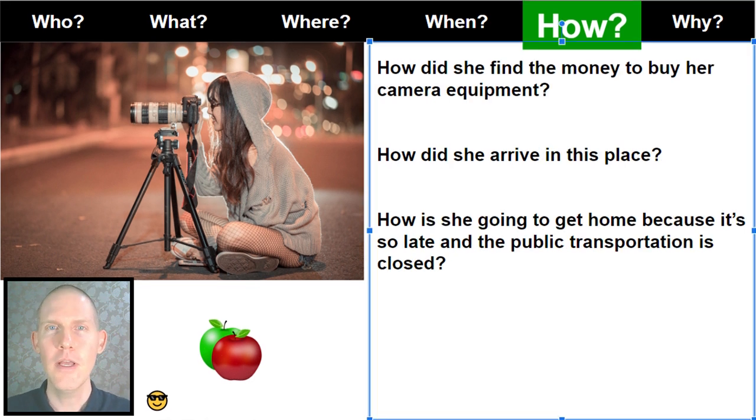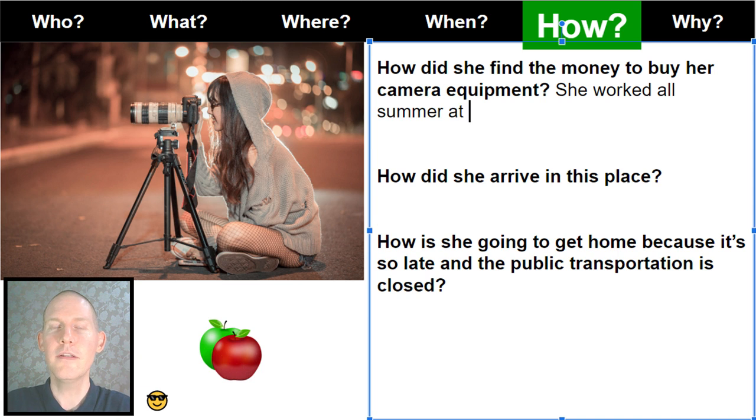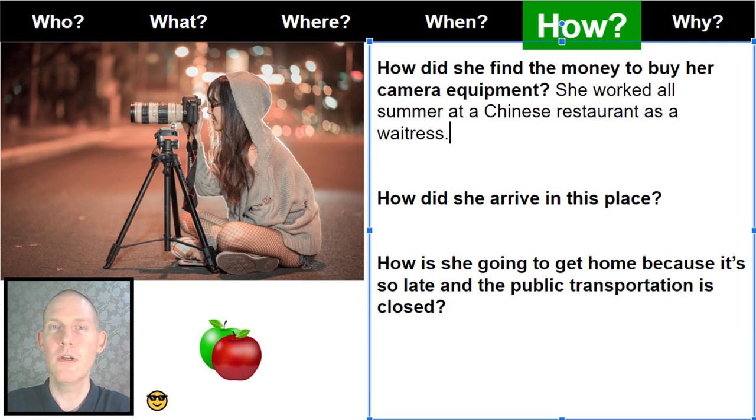All right, let's see. How did she find the money to buy her camera equipment? Good question. We could say she worked all summer at a Chinese restaurant as a waitress, right?